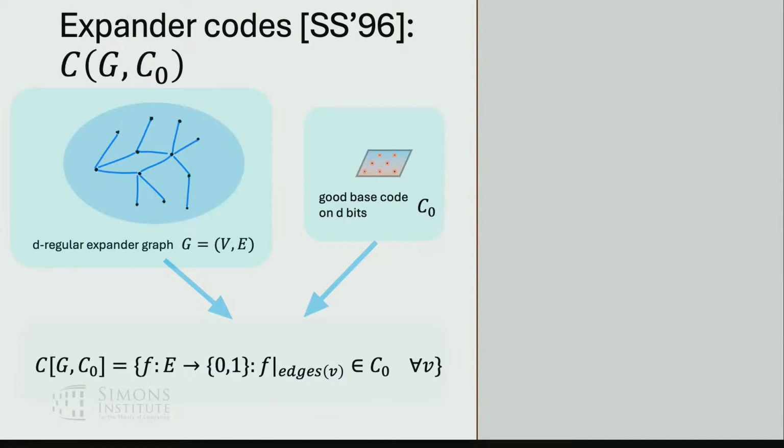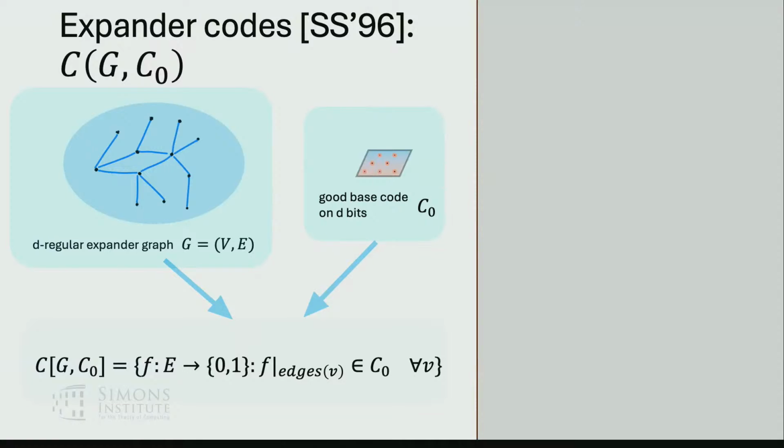Let me start by just talking about expander codes. The day before yesterday, we heard a couple of really nice talks involving these objects, but I'll describe it anyway. So we have here a family of d-regular graphs. So the family d stays fixed and the number of vertices goes to infinity.